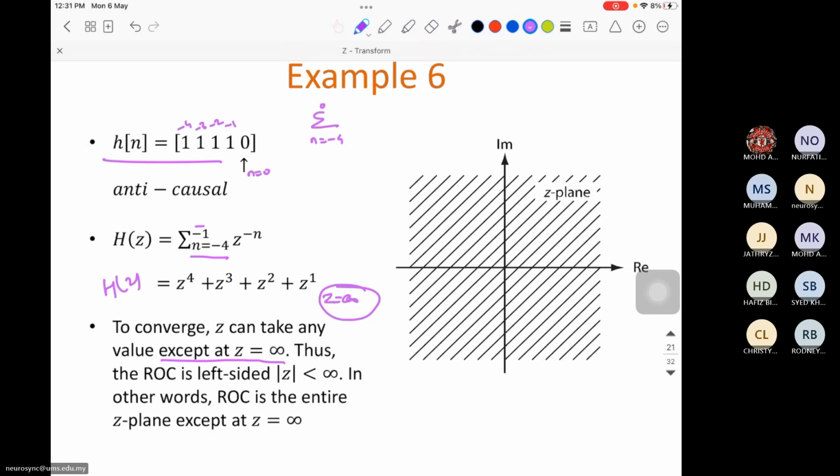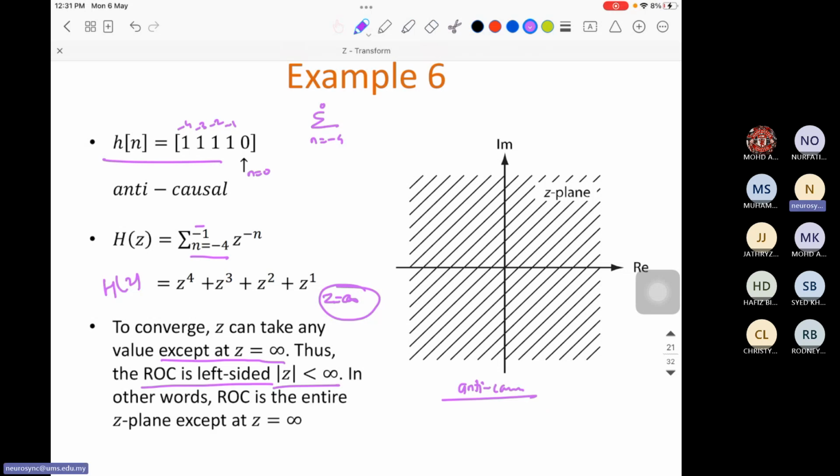So in this case, the ROC is basically left sided, where the magnitude of z is less than infinity. So this is the entire z plane except z equal to infinity. Therefore, this signal sequence is left sided, which means anti-causal.